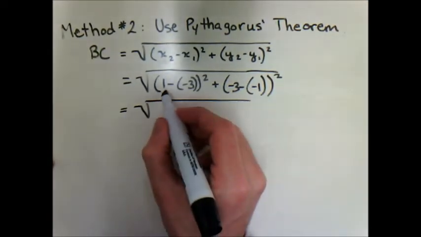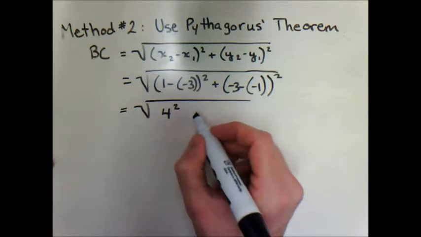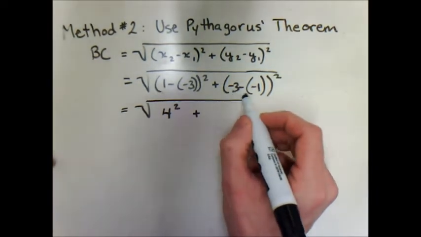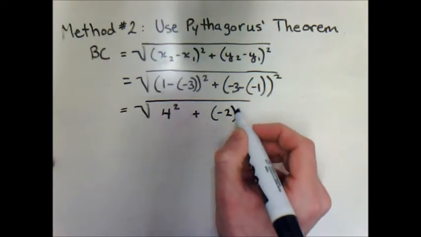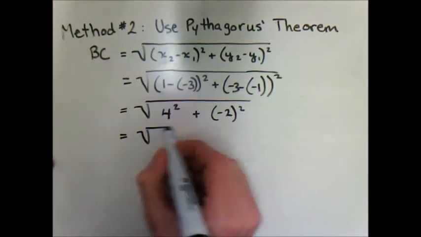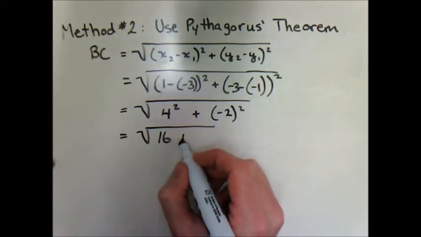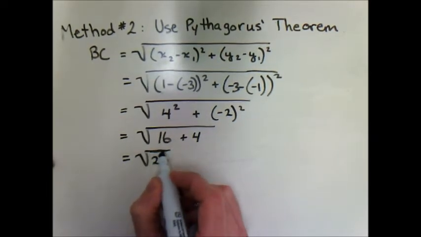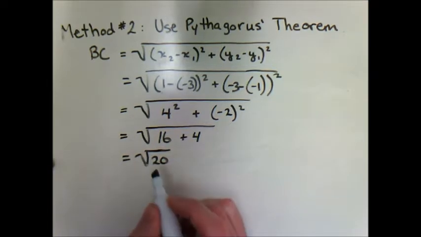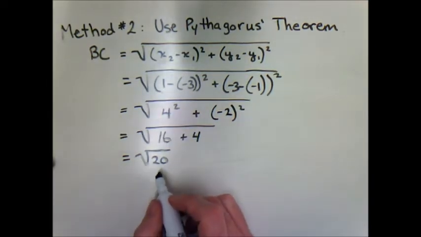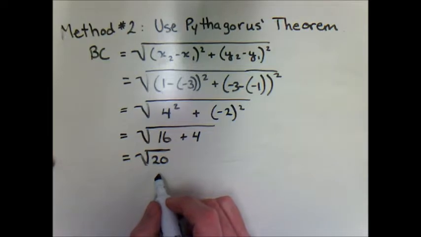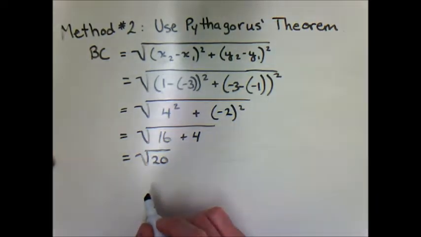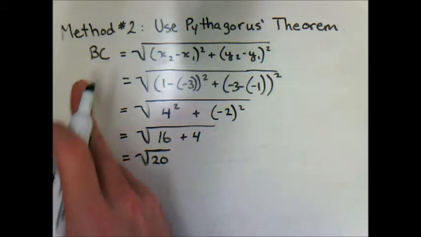Under the radical then we have 4 squared, and -3 plus 1, that's going to be -2 squared. Which reduces to 16 plus 4, which is the square root of 20. And we want an exact value, so we actually have to leave this answer as the square root of 20. If we round it to decimals, then when we use it again in the Pythagorean theorem, it won't come out quite right because we would have lost information in rounding. All right, so there's our length of BC.